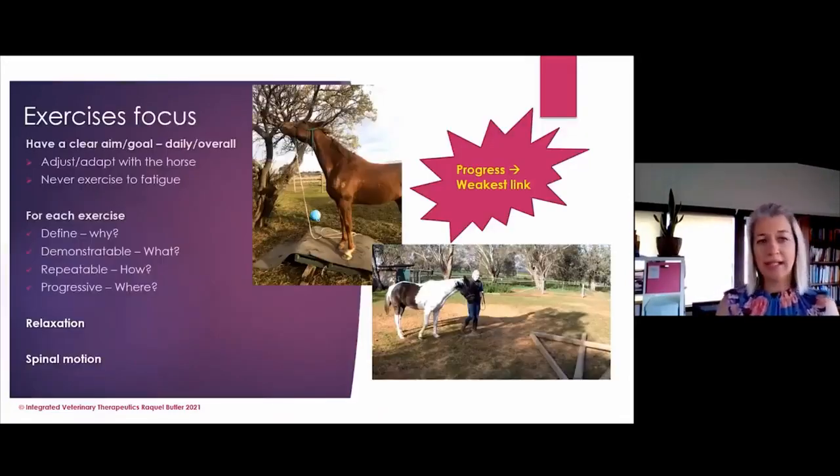The next aspect is the exercises and their focus. With those, you want to have a clear aim and goal, both daily and overall. You want to be able to adjust and adapt to the horse, so you want an individualized program for your horse. You don't want to exercise to fatigue. Initially it might be some trial and error to figure out what fatigue is for your horse.